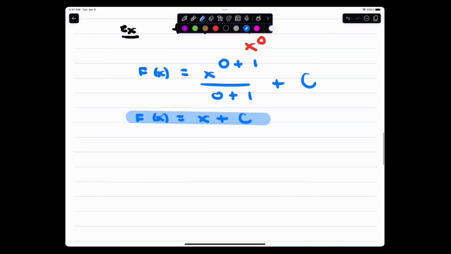Alrighty. You guys ready for more? You say, then why do people really not like antiderivatives? And I'll say, I don't know. Square root of x.